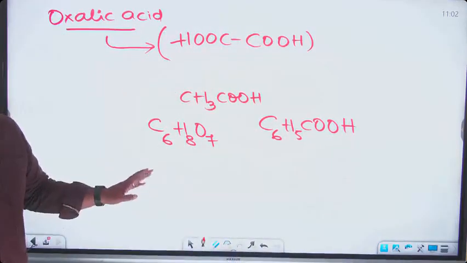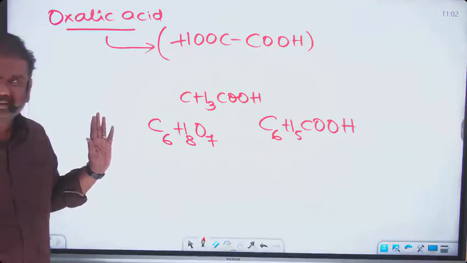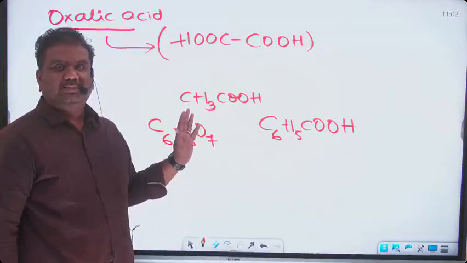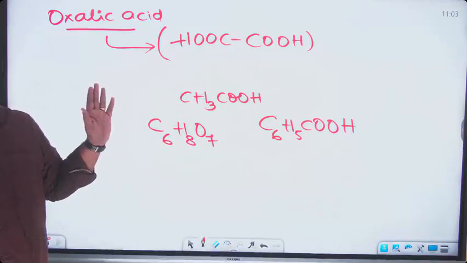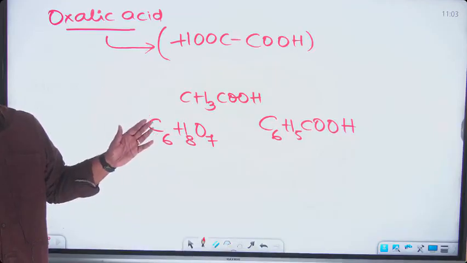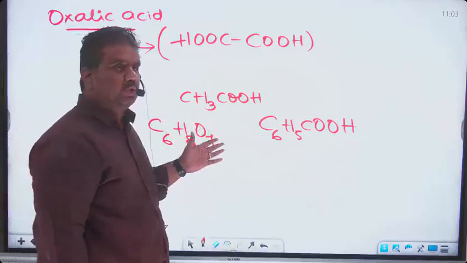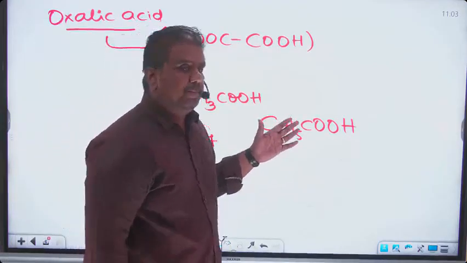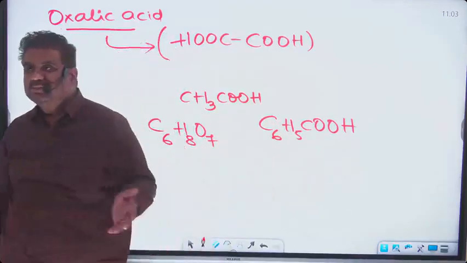Benzoic acid, we have written somewhere yesterday. Benzoic acid is an example for sublimes, the substances which get converted from the solid state to vapor state. The process is sublimation, and the substances we call sublimes.